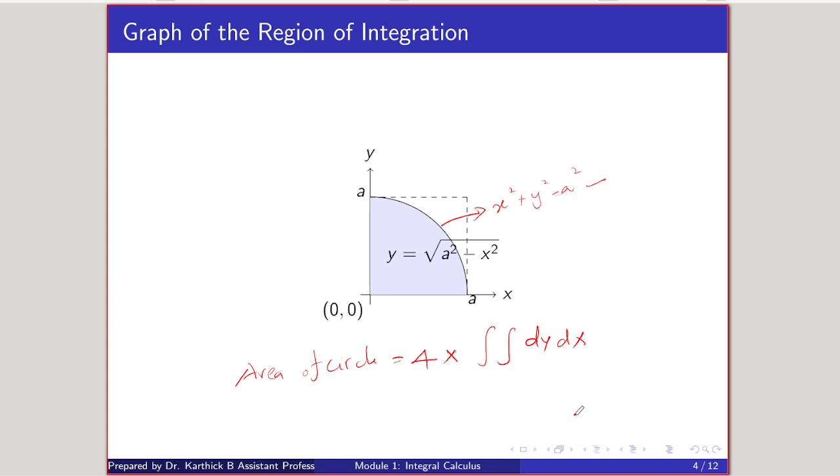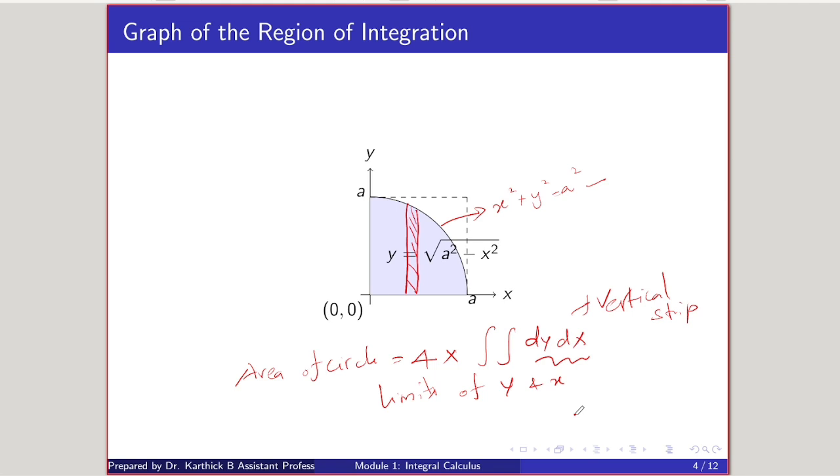So now we need the limits of y and x. How do you find the limits? If I choose dy dx, it represents a vertical strip. So I have to draw a vertical strip which is parallel to the y axis.